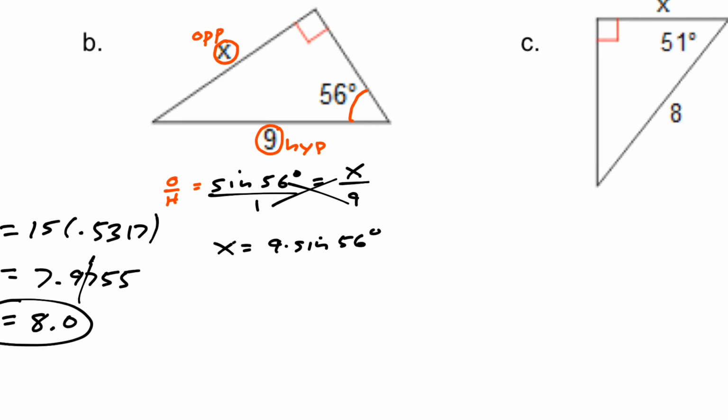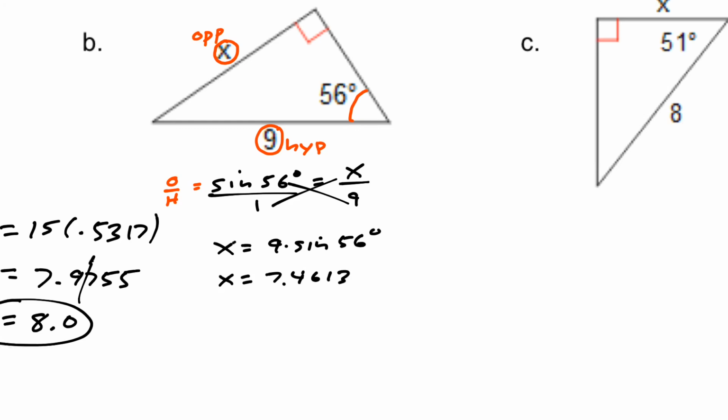And then I'm just going to type this into my calculator just like I've got it written right here, and that will give me my answer. I typed 9 times the sine of 56 degrees into my calculator, and I got x is equal to 7.4613.